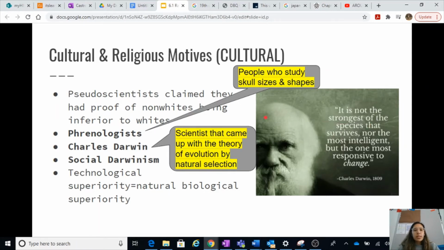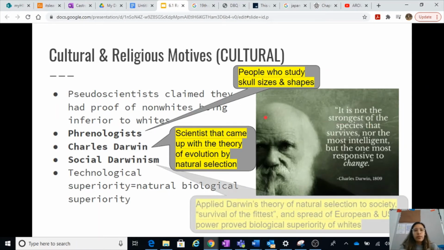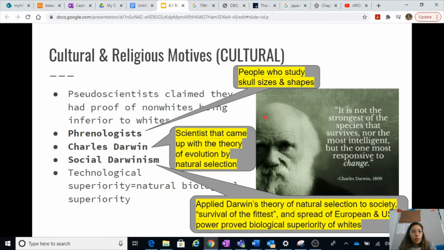People are going to take Darwin's ideas and morph them into something called social Darwinism. This applies his theory of natural selection to society, and it says survival of the fittest, and because Europeans and Americans and whites spread their technology and their ideas all over the world, that proves that they are the fittest and therefore biologically superior to these non-whites.